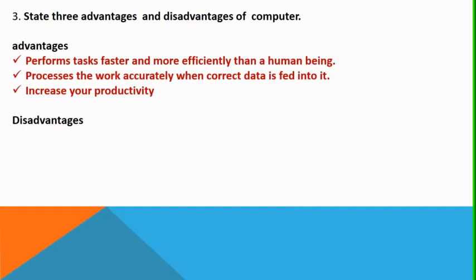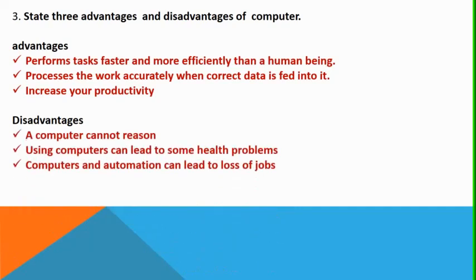Now disadvantages. A computer cannot reason. When computers are used for a long time, they can lead to some health problems. And computers, being automatic, can lead to loss of jobs when the jobs done by people are given to computers.